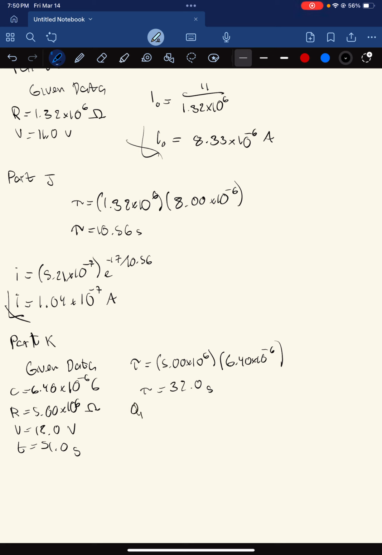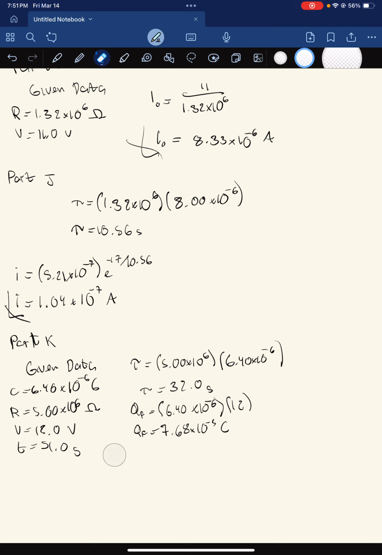Alright, so charge equals the capacitance 6.40 times -6, multiplied by the volts, 12. That gives 7.68, 10 times -5.